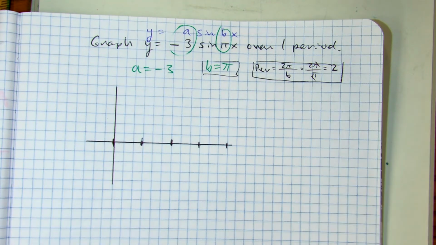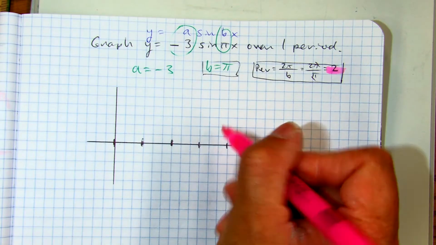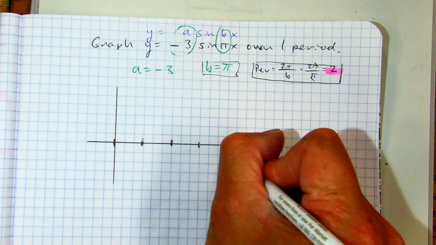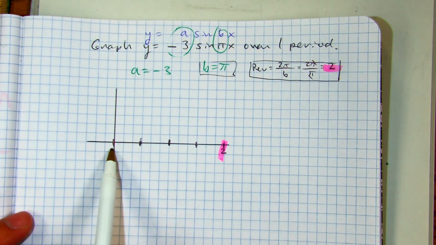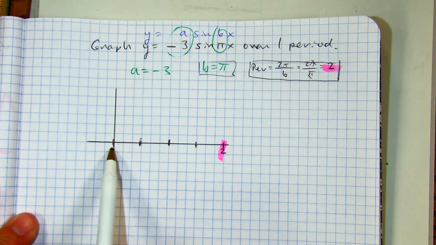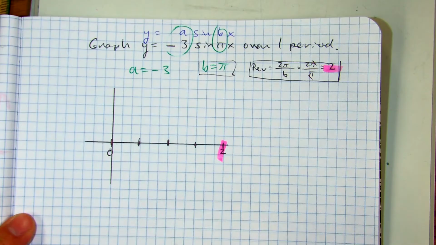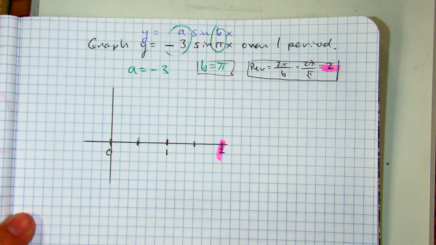Put your finger where I'm going to put 2. Right there. Class, what number is this? 0. Class, 0 plus 2 divided by 2? 0 plus 1 divided by 2?